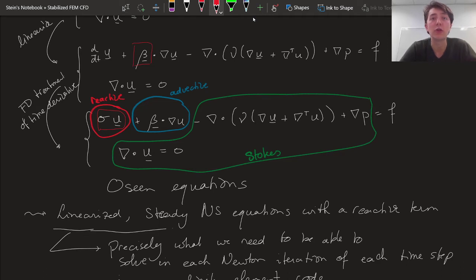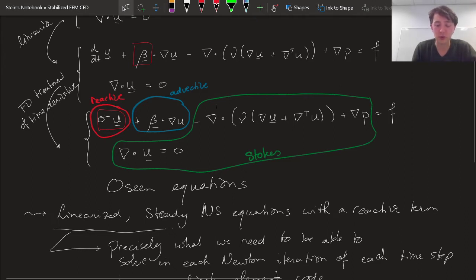Within one iteration of one Newton step, I don't want to have to assume a certain contribution of my mass matrix in order to have a solvable system. So the analysis that we'll actually perform is a combination of the blue and the green box. I want to make sure that the weak formulation corresponding to the blue and the green box together forms a solvable discrete set of equations.